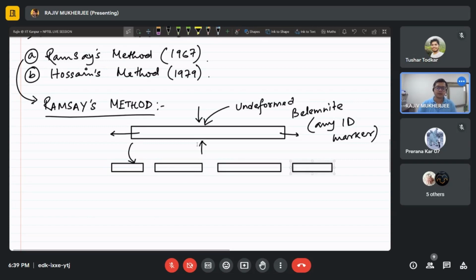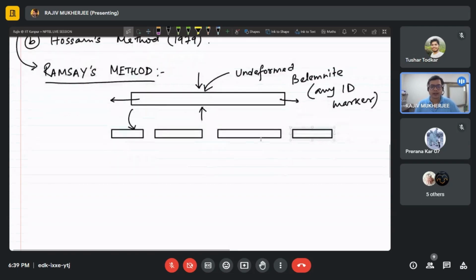Okay, so this is a schematic representation of this. These are clearly not to scale, right? I'm just showing how it is being theorized. So now we are seeing that there are fragments. These are fragments, right?